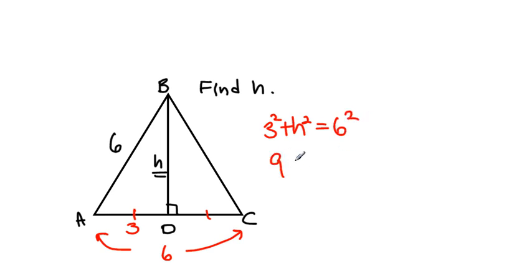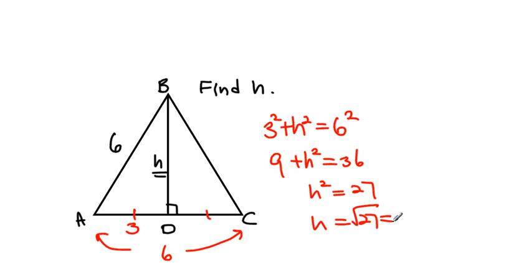Here we have 9 plus h squared must be equal to 36. Then h squared must be equal to 27, and h is equal to square root of 27. But when you simplify this one, this becomes 3 square root of 3. Alright.